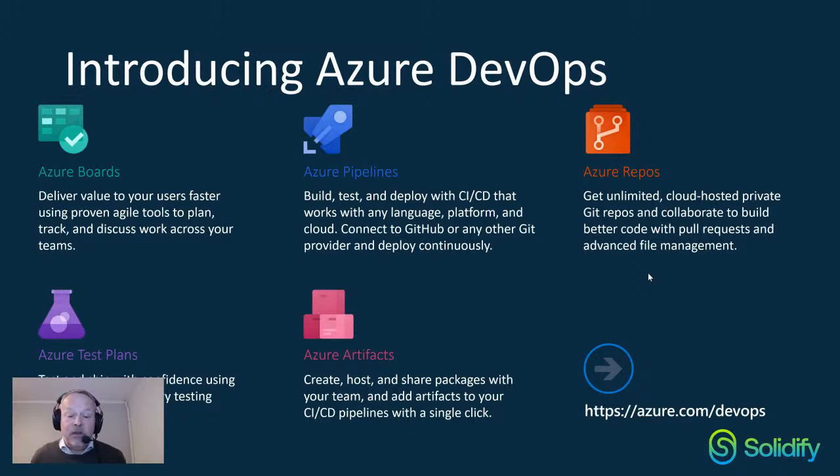We have Azure Artifacts to share packages, could be NuGet or npm packages or container registry and that sort of thing. And if you want to try Azure DevOps out, you can just go to azure.com/DevOps and spin up an environment for yourself. It's free, and it's free for up to 5 people, I think. You can do what you want there with your code and your planning and everything. And everything I'm going to show you today, you can try out for yourself afterwards.